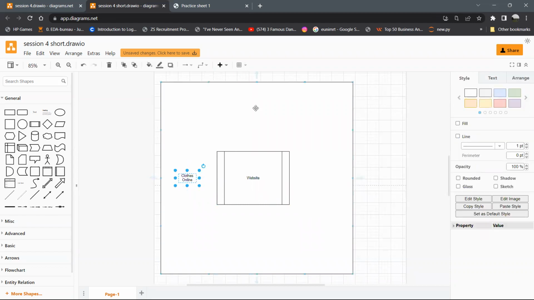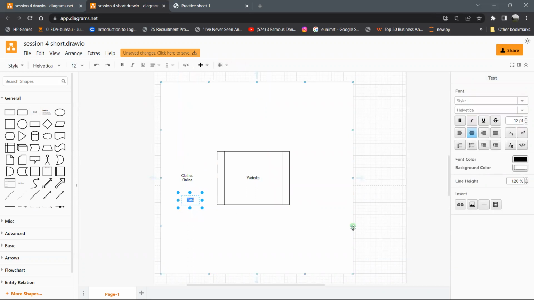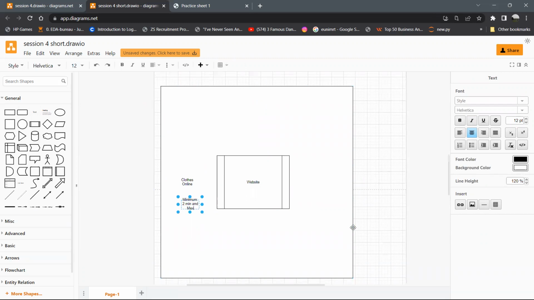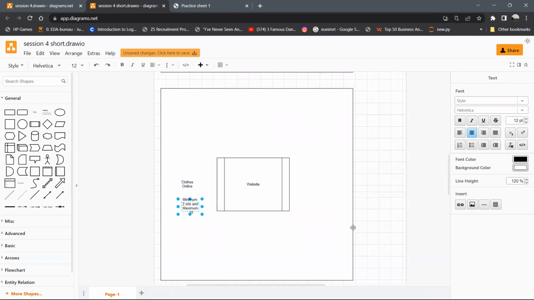Now, to buy a particular cloth or particular dress, okay, a customer takes a time of, his minimum time is 2 minutes and his maximum time is, let's say, 5 minutes.